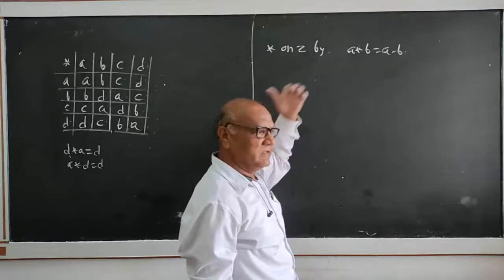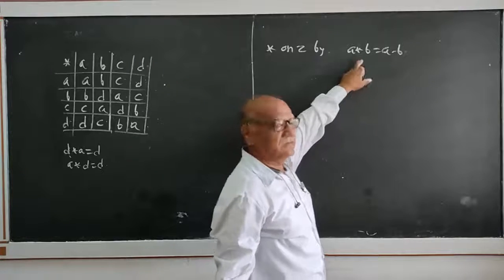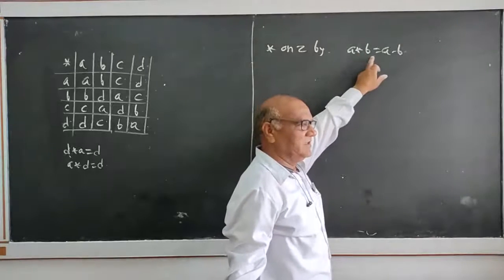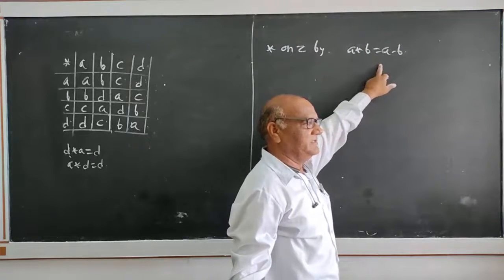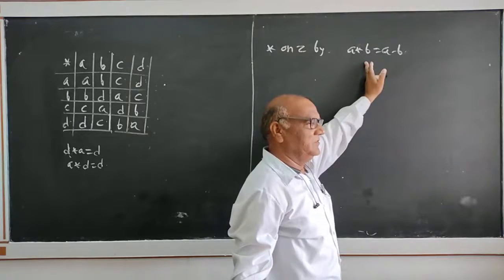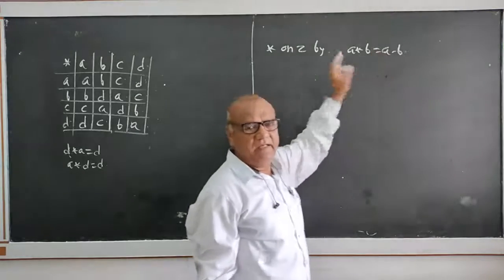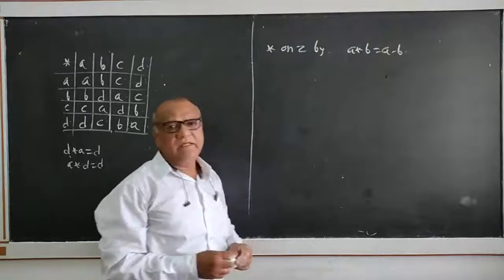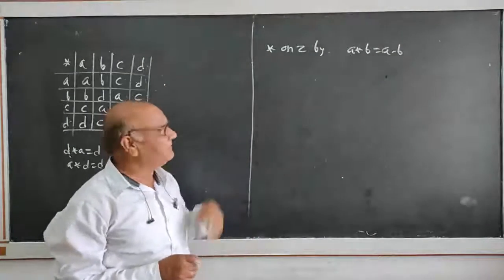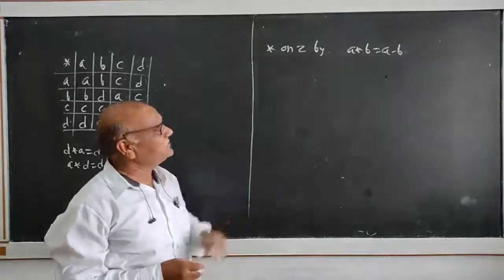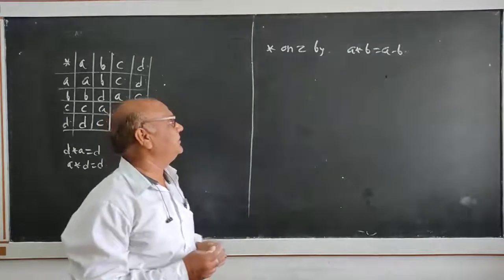Whether it is commutative: here it is not commutative, because A minus B is not equal to B minus A. Also it is not associative.